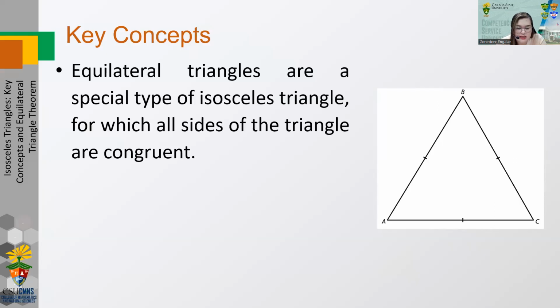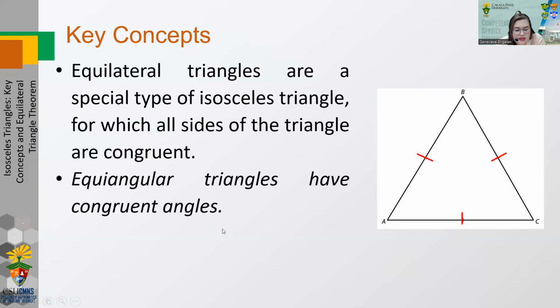Okay, when you say equilateral triangle, these are triangles that are special types of isosceles triangle. So tanan equilateral triangles are also isosceles triangles, for which all sides of the triangle are congruent. So kani siya ang equilateral triangle, ang tanan sides niya are congruent.